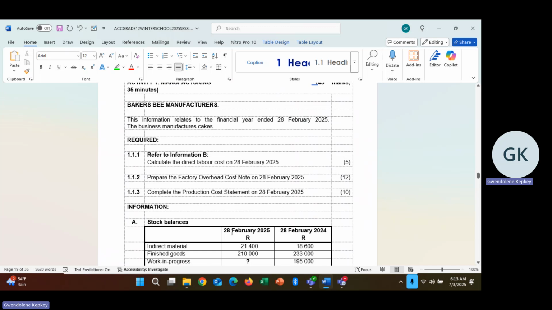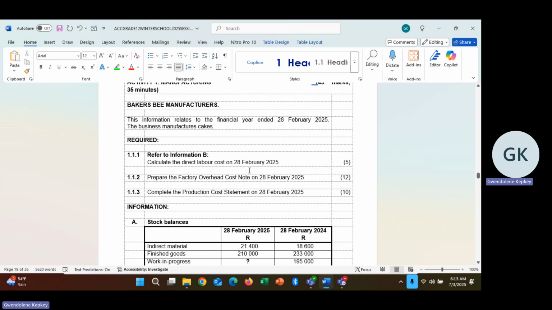So let's go to the exercise where they require us to do the calculation of direct labor costs. Remember, this forms an integral part of your variable cost.